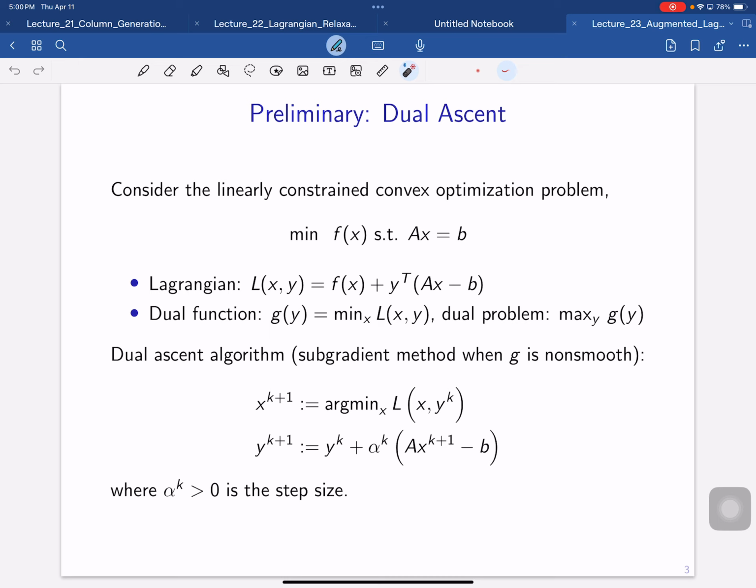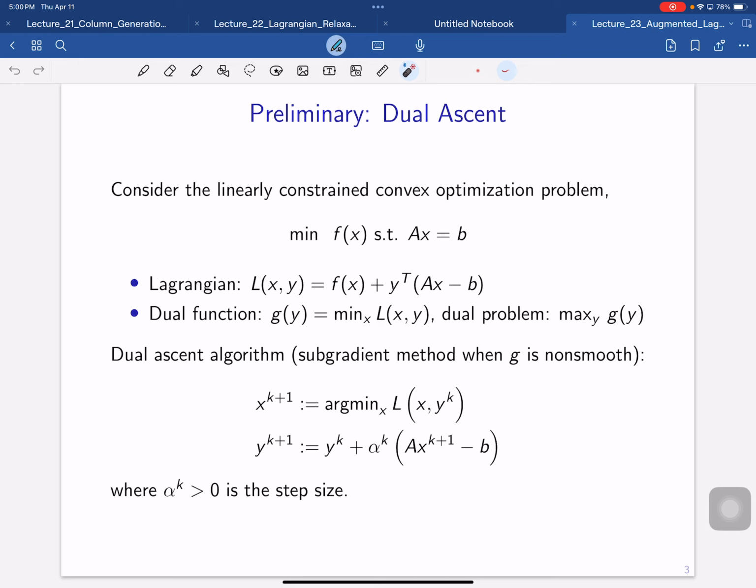Okay. So if you have this problem, you can define the Lagrangian as f(x) plus y transpose (Ax minus b). This is nothing fancy, and the dual function is a function of the dual multiplier, where you minimize over x for each dual multiplier, and the dual problem is maximizing the Lagrangian dual function, right? So a dual ascent method is nothing but the subgradient method we talked about in the previous lecture.